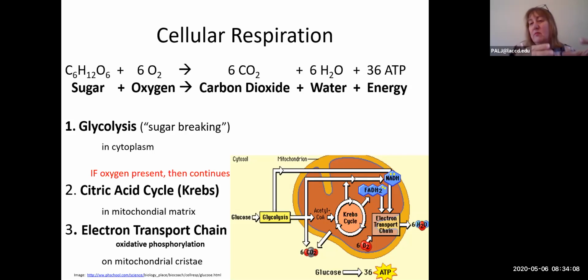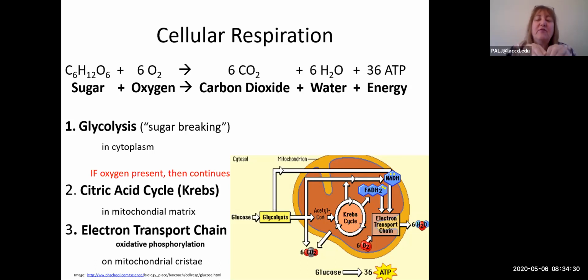We'll start with a 6-carbon sugar and we end up with two 3-carbon molecules. And so we use 2 ATPs, but we produce 4 ATPs, so we have a net production of 2 ATPs at the end of glycolysis.